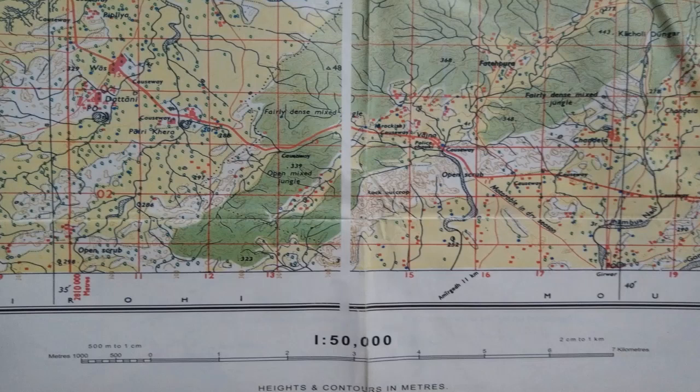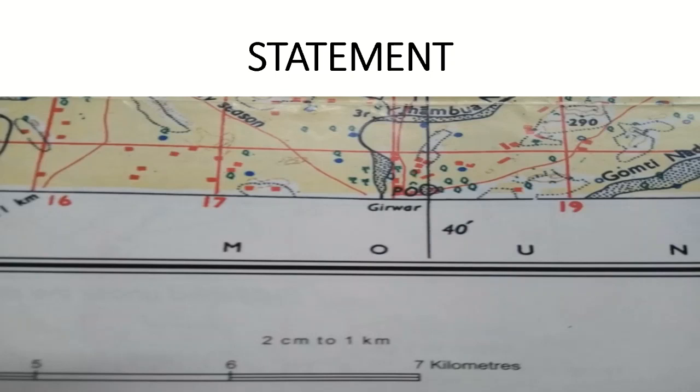There are three types of scales which I told you. The first one is 2 centimeter is equal to 1 kilometer. It is written on the right hand side of the map like this. When you measure the distance between two vertical lines and two horizontal lines, you will always find that it is 2 centimeter.